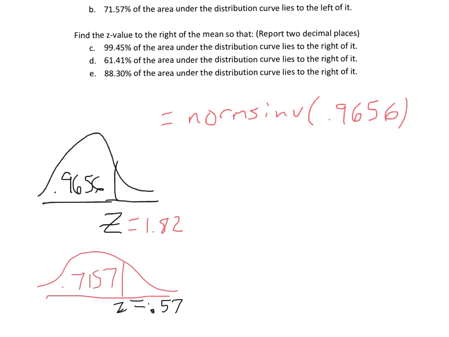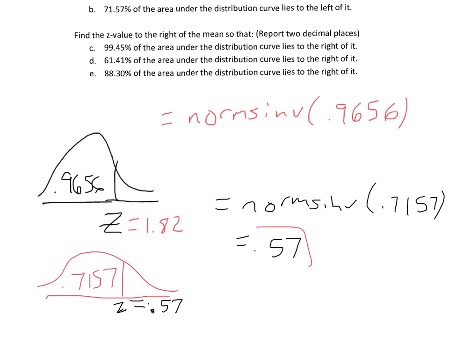Or I could use my NORM.S.INV of 0.7157. And would still come back with 0.57 as my answer. And I would box it.